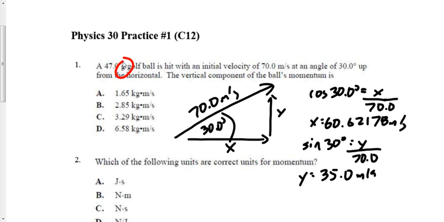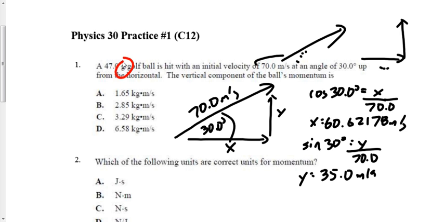So what did I just do? I saw a funny angle that was 30 degrees, like it looked like this. What did I do with it? I changed it into this and this because I like this better than I like this.